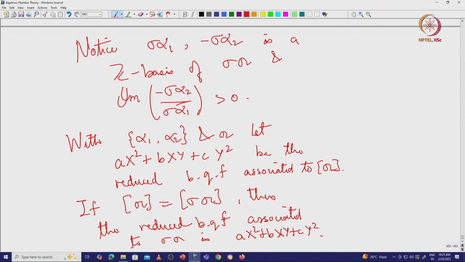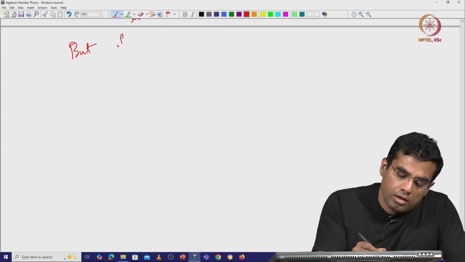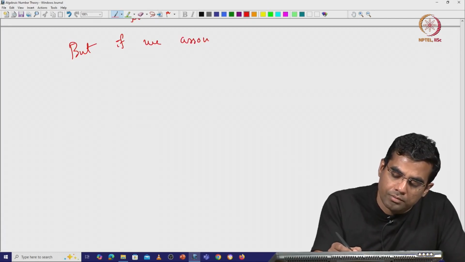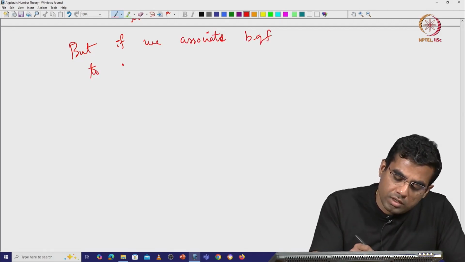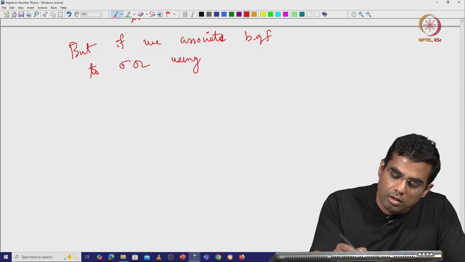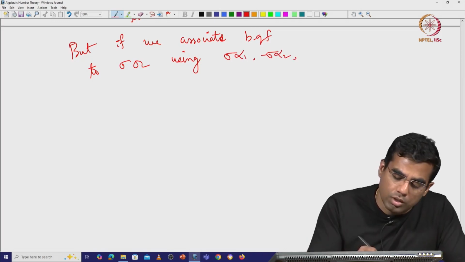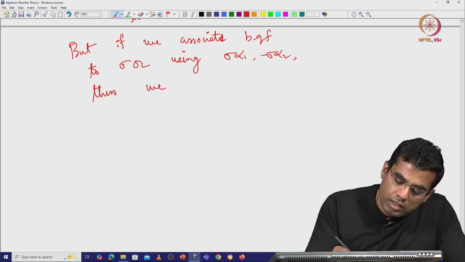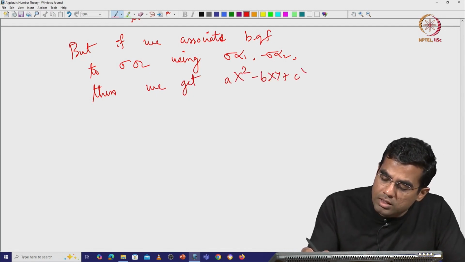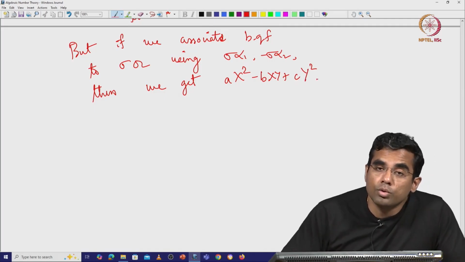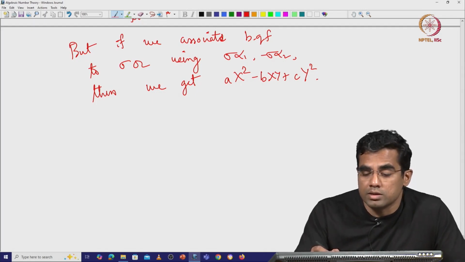But if we associate a binary quadratic form to sigma A using the basis sigma alpha 1 and minus sigma alpha 2, then we get ax squared minus bxy plus cy squared, because the only quantity where this change of sign is relevant is b.